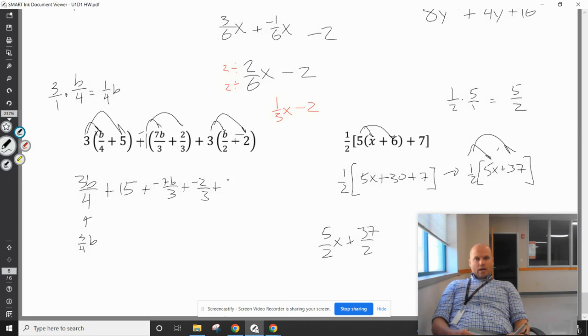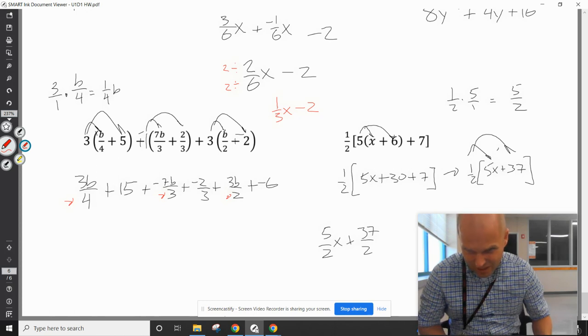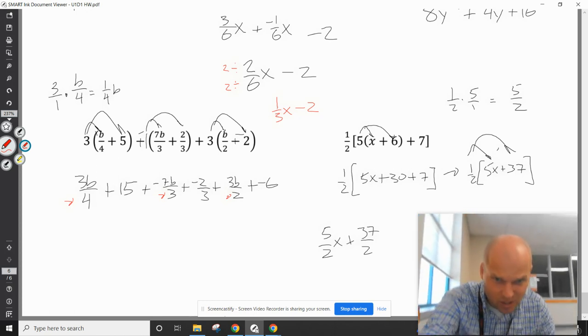Means I have 3 b over 2s, or 3 halves of a b, 3 halves of an apple, and I owe 6 oranges. Now, again, I don't like this one because we end up with fourths, thirds, halves, 15, owing 6, owing 2/3. It's a lot of things that I have to make into like terms.